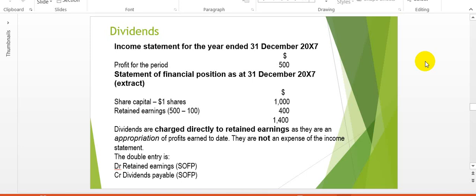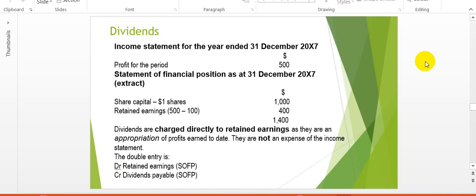Dividends are paid out of retained earnings. Dividends are not a business expense, so you do not subtract the dividends from your profit in the income statement. The only dividends that you bring into the income statement are the dividends which you receive yourself, if you have invested elsewhere and are paid dividends as a company.